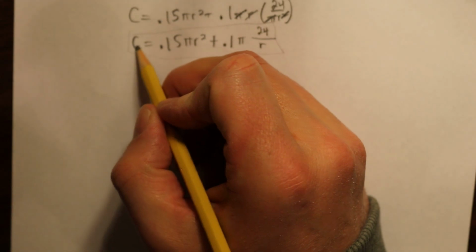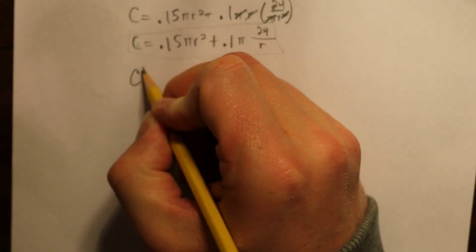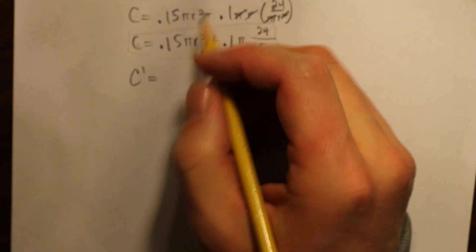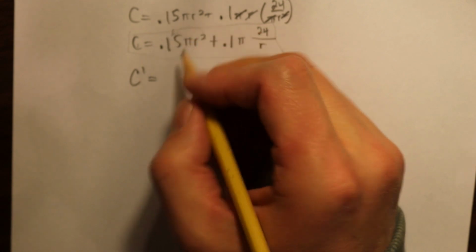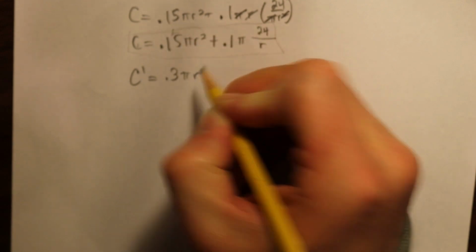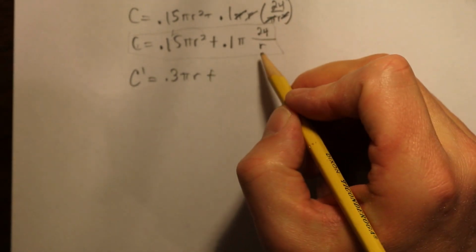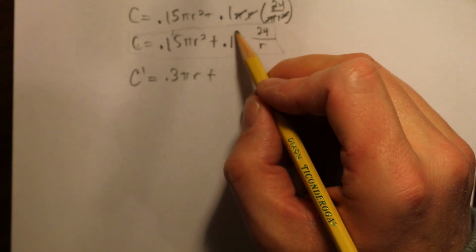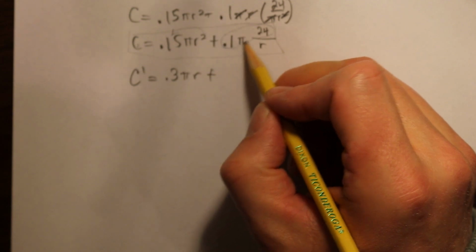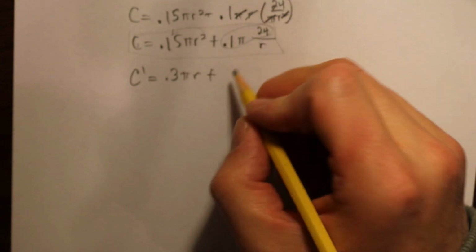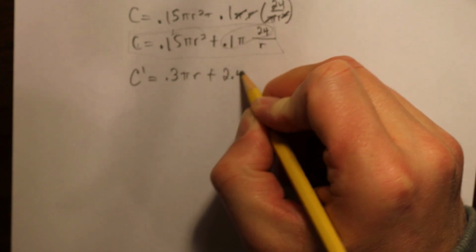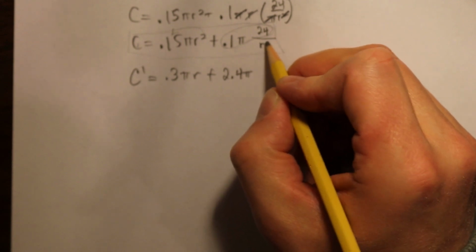So I'm trying to minimize cost. I need the derivative of cost. Bringing the 2 down gives me 0.3 pi r plus, oh great, multiplying all this fun stuff together, I get 2.4 pi. And now I've got to differentiate r to the negative first.